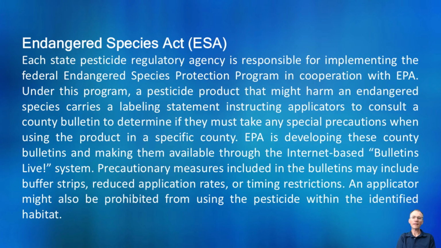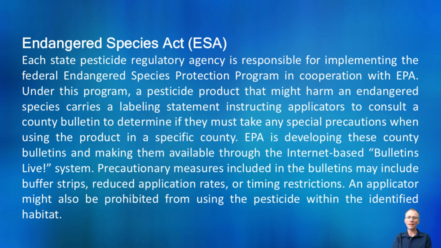Endangered Species Act, ESA. Each state pesticide regulatory agency is responsible for implementing the federal Endangered Species Protection Program in cooperation with EPA. Under this program, a pesticide product that might harm an endangered species carries a labeling statement instructing applicators to consult a county bulletin to determine if they must take any special precautions when using the product in a specific county.